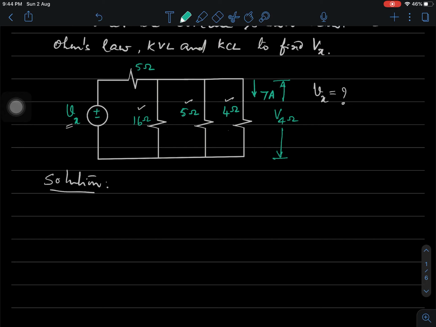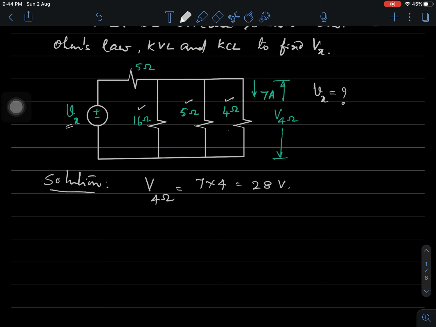So what is the voltage across the 4 ohm resistor? Because we know the current through that branch and we know the resistance, we can find V 4 ohms. The voltage across 4 ohms is simply the current times the resistance, that is 7 into 4. This is 28 volts.